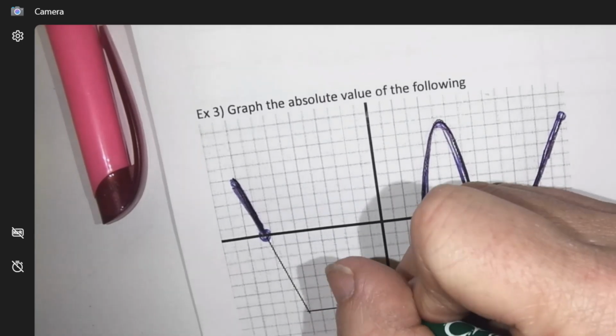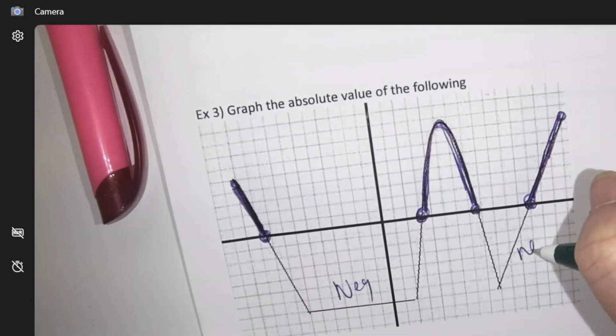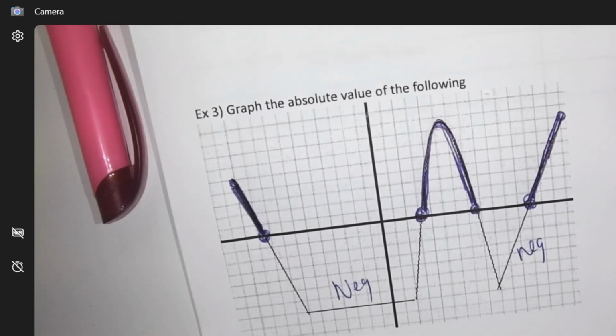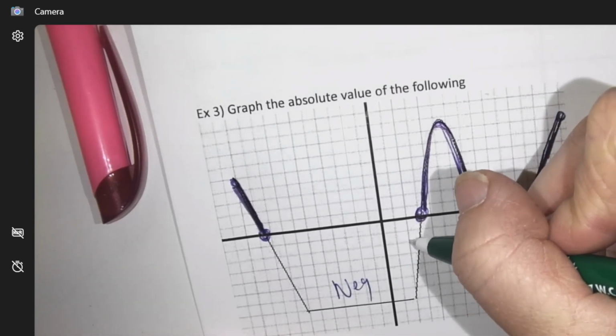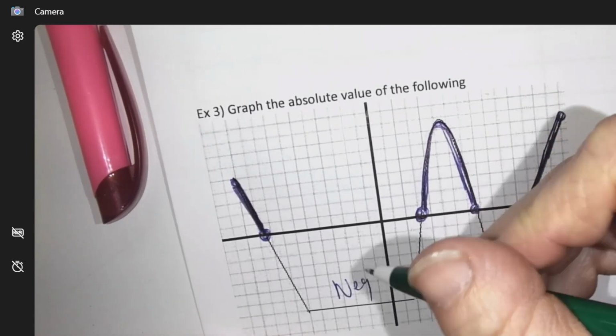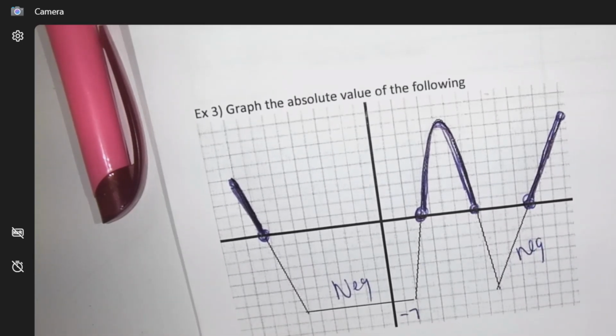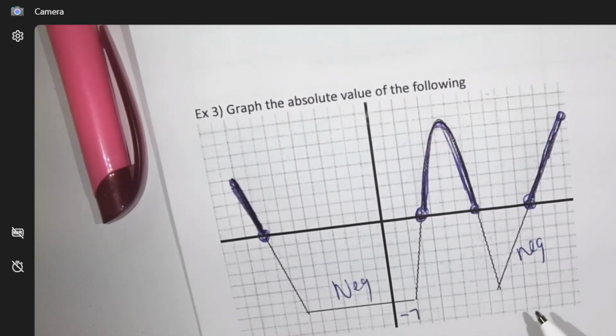And then there's 2 sections that are negative heights, so they're going to have to change. So I can see that it went all the way down to a -7.